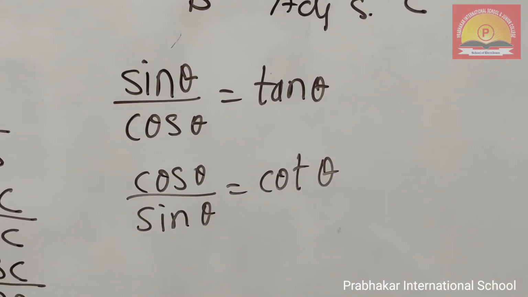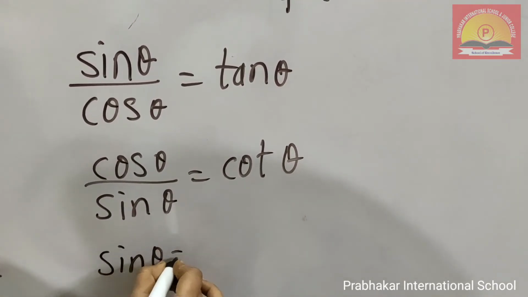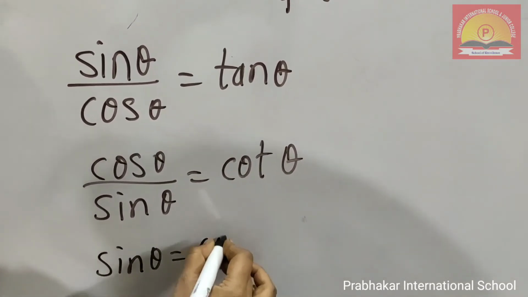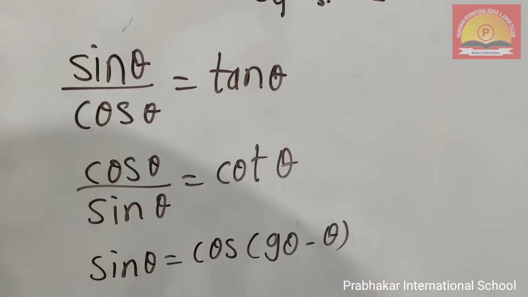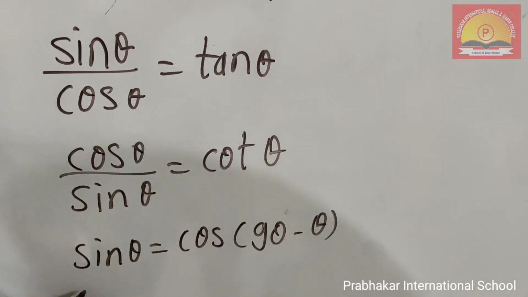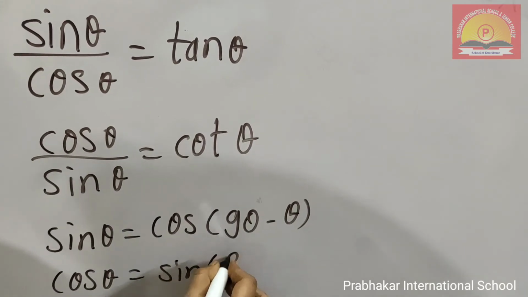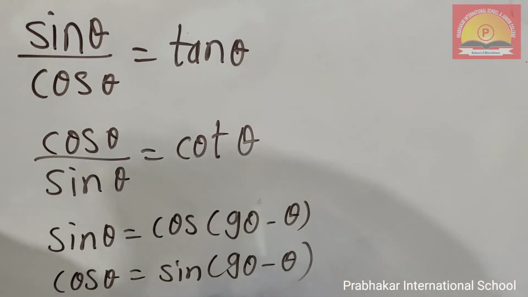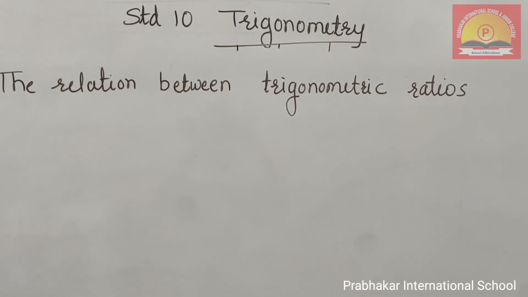Then sin theta equals cos of 90 minus theta. Then cos theta equals sin of 90 minus theta. So these are some relations between trigonometric ratios.